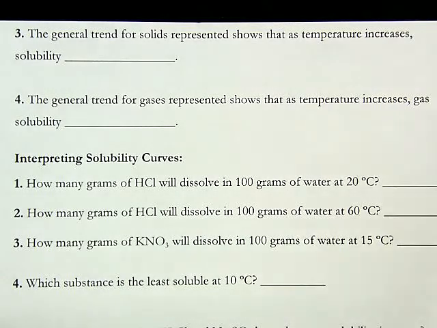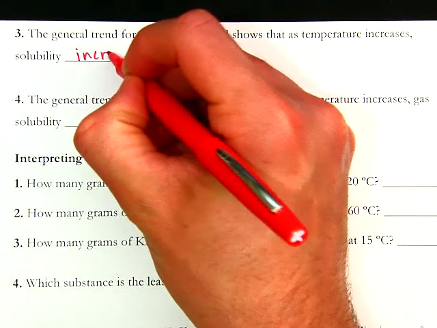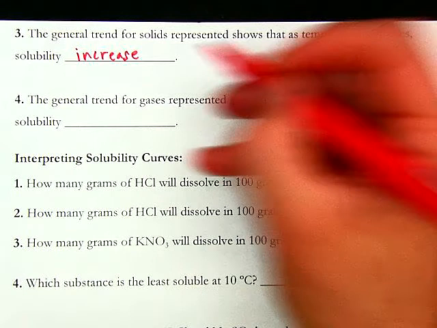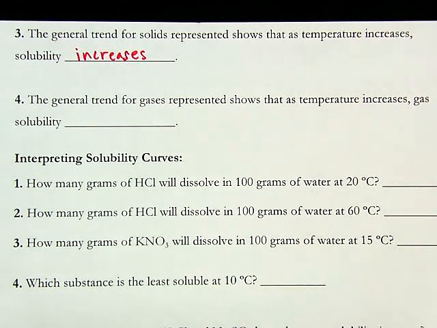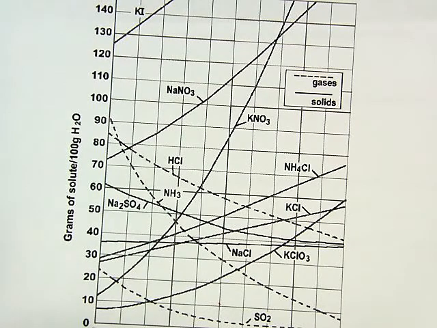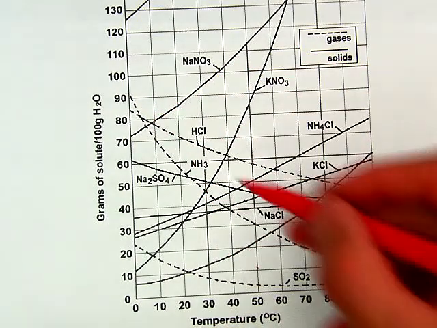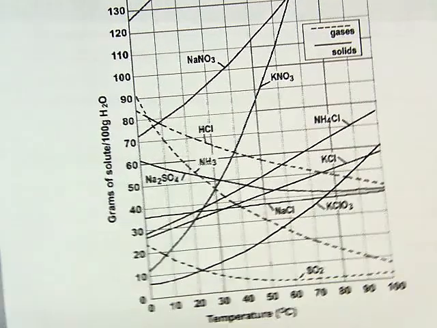So as temperature increases, the solubility of solids generally increases. For gases, we have the opposite trend. For gases, in general, as temperature increases, the solubility of gases, those are the dotted lines, decreases.